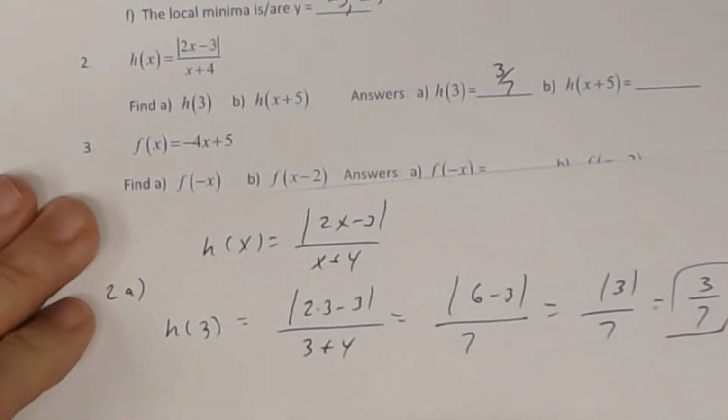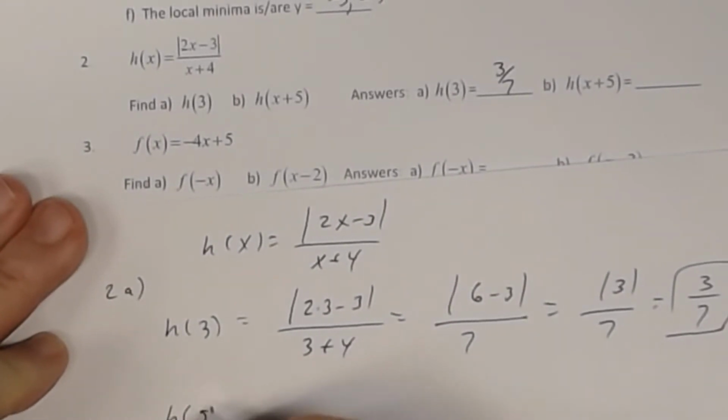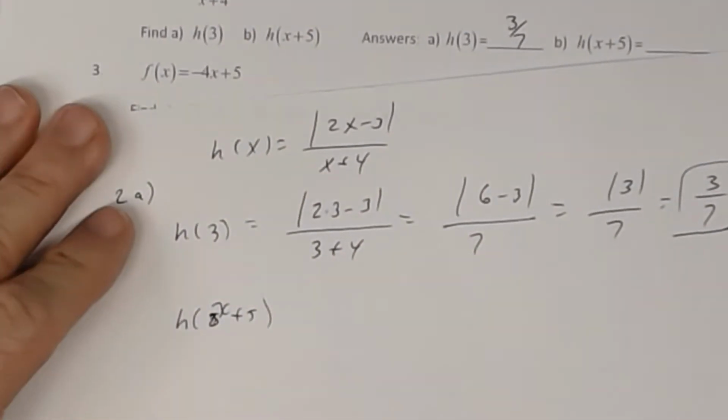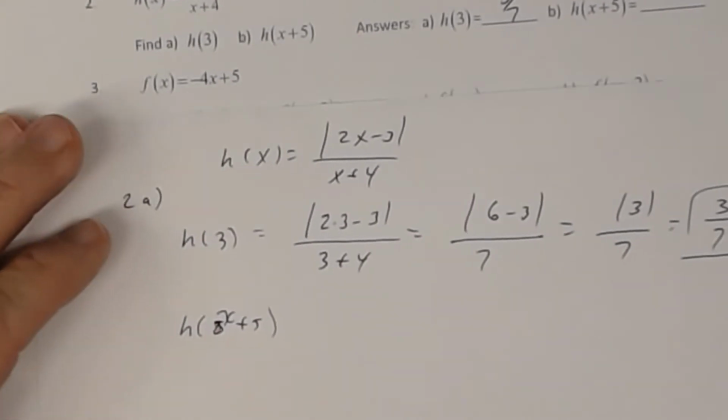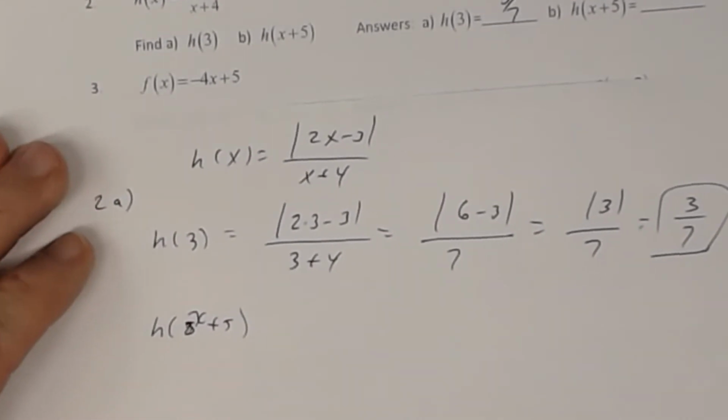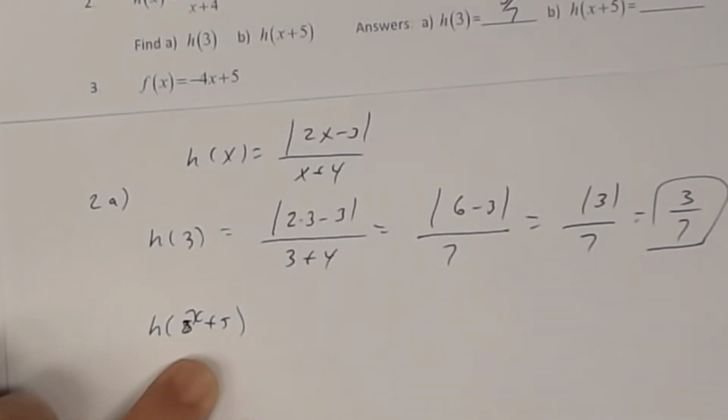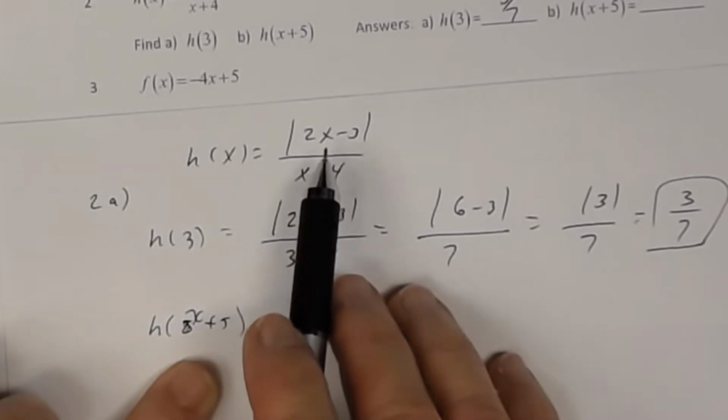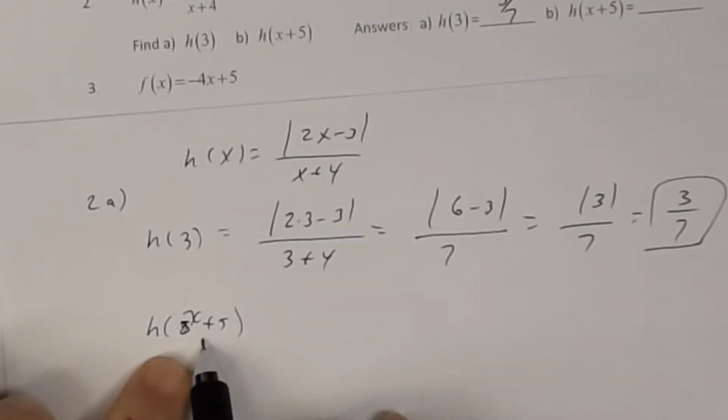Okay, let's talk about B. Hopefully you looked at an example similar to that which we did in lesson or on a worksheet. So h of x plus 5 means that where we see the variable x, you substitute x plus 5. That's what that means.